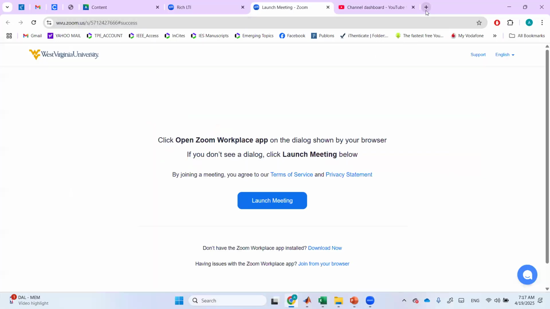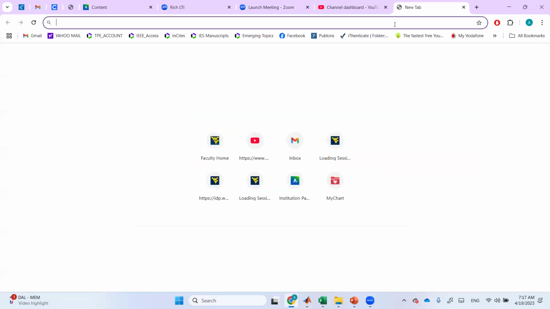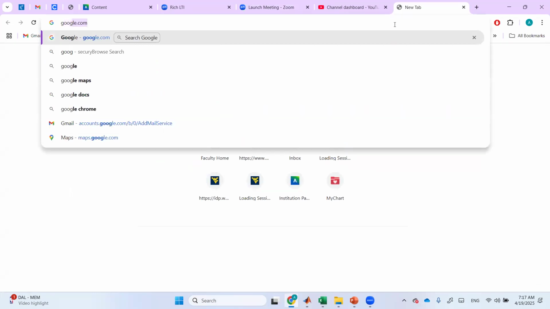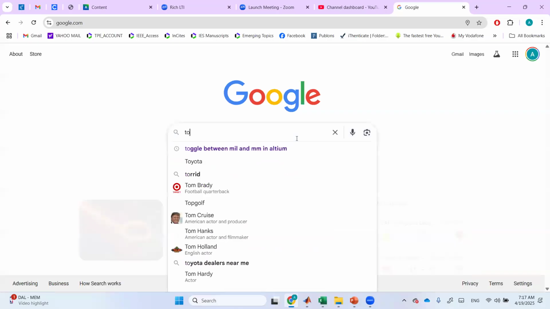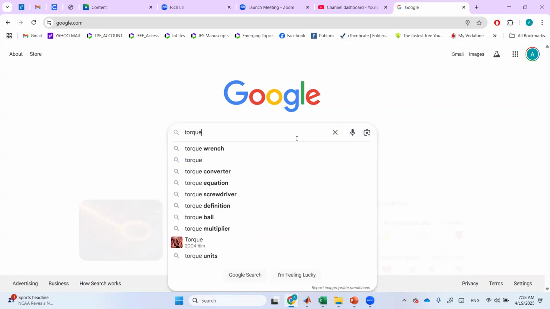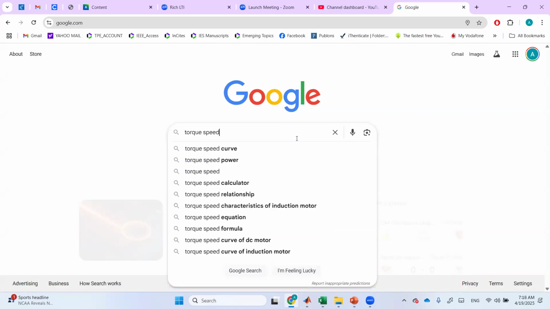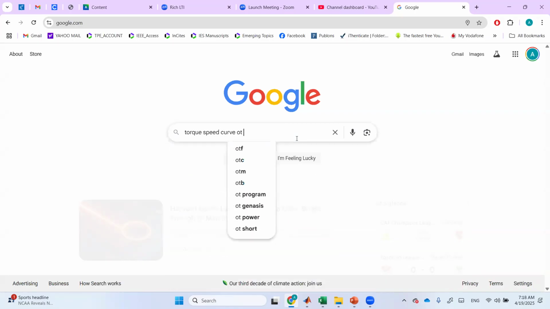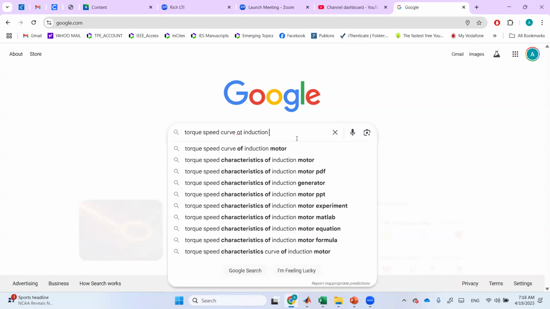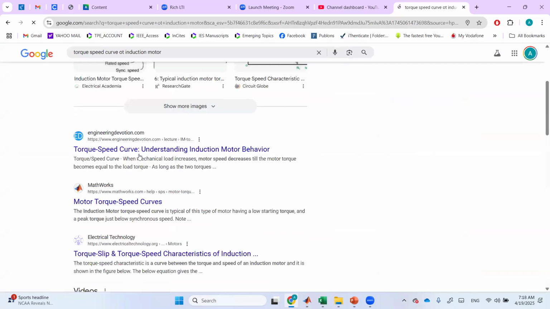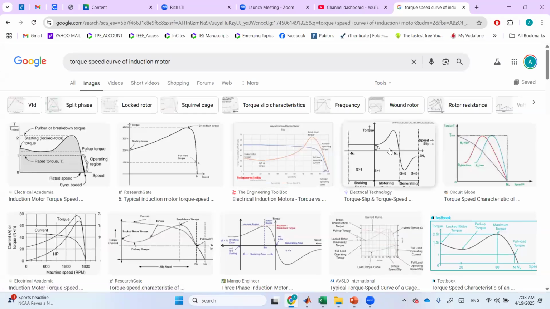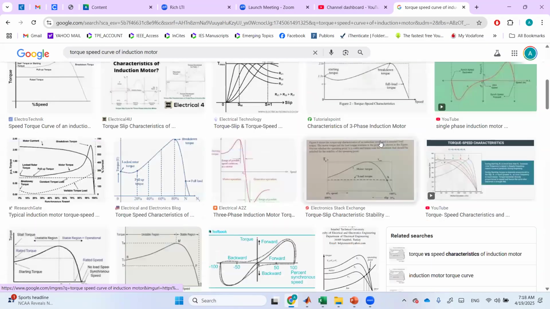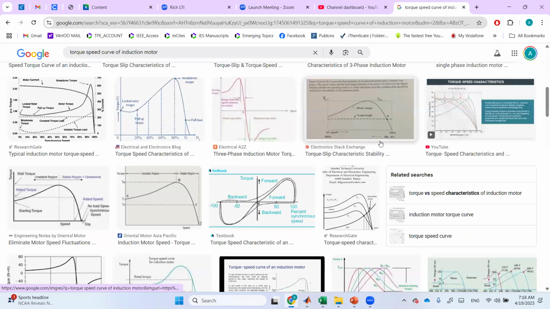Also, if you Google it, guys, you can find that clear in Google. Torque speed curve of induction motor. Let me have some images to see if the exact curve is here or not. No, the exact curve is not here.